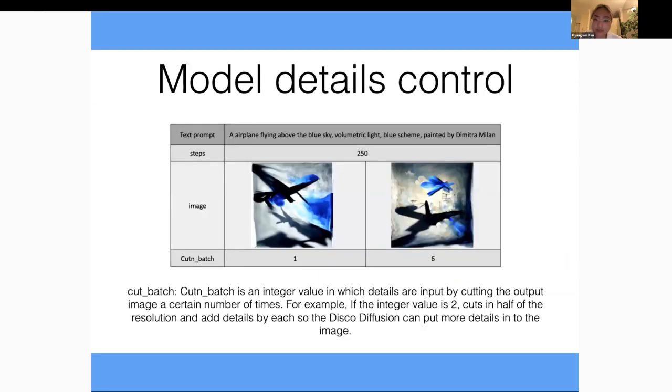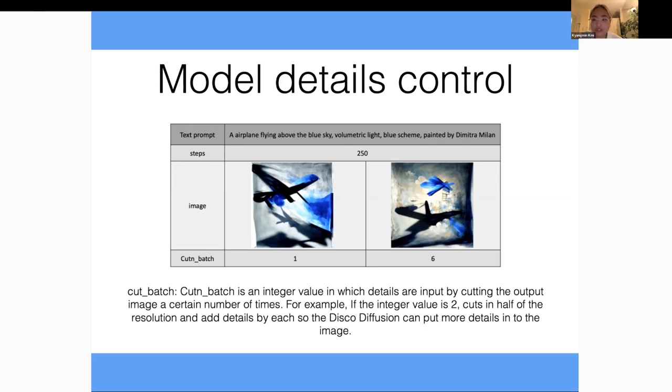After entering the desired resolution, the AI model inputs the step value to produce a detailed result by taking the output image through several steps. The default value is set at 250, and a value between 250 and 300 provides ideal details. But if it exceeds beyond that step value, adding further details becomes meaningless.